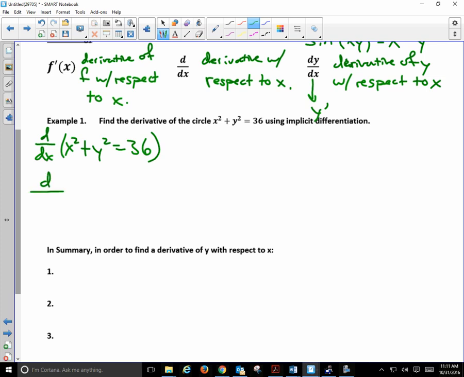So d over dx, the derivative of x squared, plus d over dx y squared equals d over dx 36. Now, here's kind of how and why they use this notation in calculus. It's kind of interesting. I choose to use the f prime most of the time because you guys seem to understand it best.